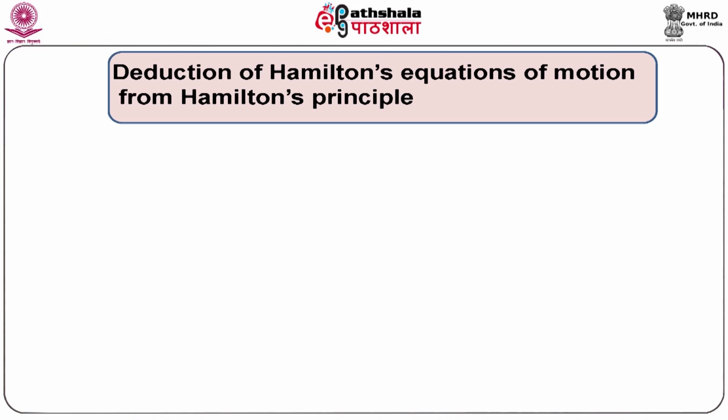But in this chapter, we have obtained Lagrange's equations of motion using a variational principle known as Hamilton's principle, which is an integral principle and is valid for any type of coordinate system chosen. Now we shall deduce Hamilton's equations of motion using Hamilton's principle.